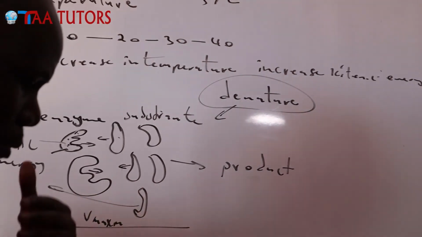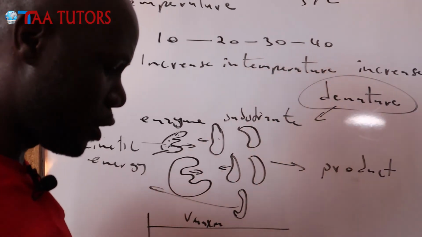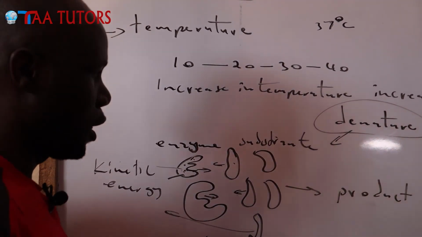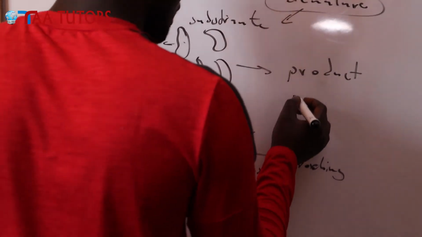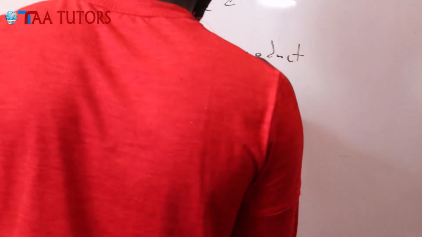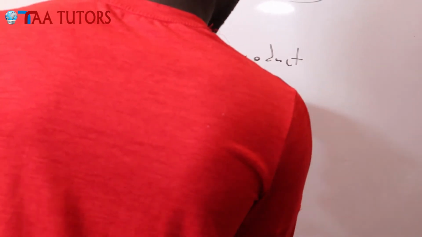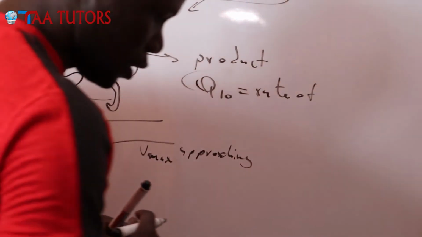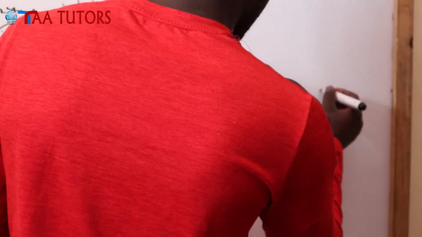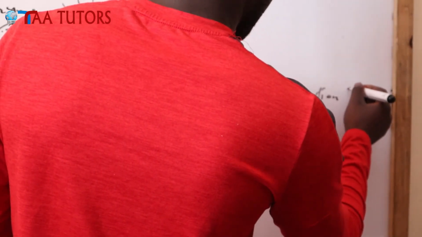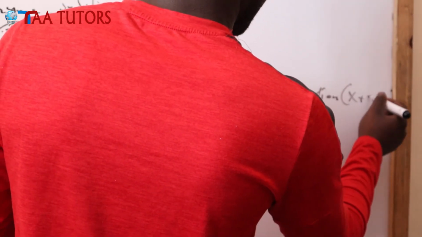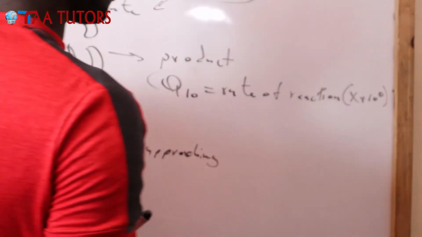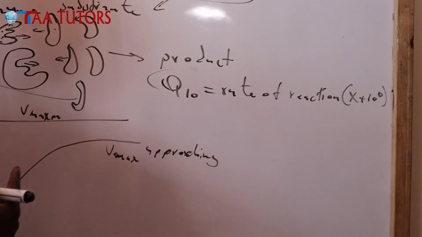Now, with this particular increase in temperature, the rate of reaction can always be expressed as a temperature coefficient. And we can have an equation that helps us to understand that. We can have the temperature coefficient being equivalent to the rate of reaction at x plus 10 degrees Celsius, meaning that for every increase of 10 degrees Celsius, the rate of reaction will be increasing by 2.